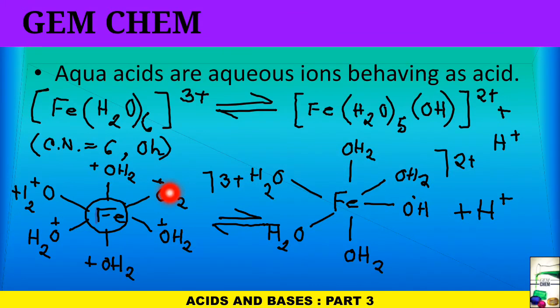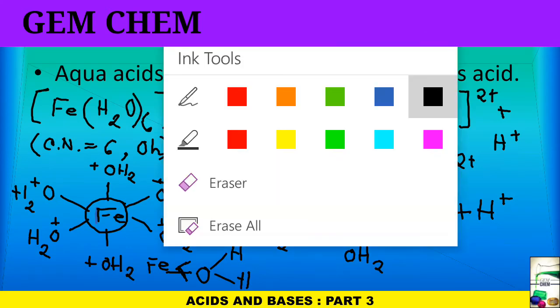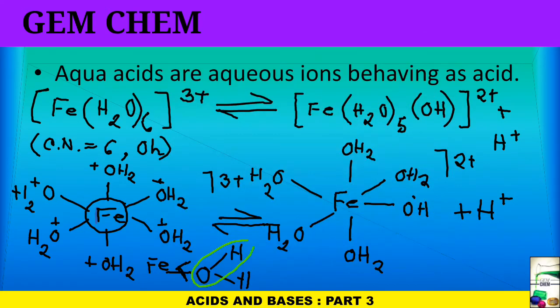So this accounts for the more facile removal of H+ and hence greater aqua acidity. Here we have a water ligand attached to hydrogen, and since there is more positive density, the iron will pull electrons towards it. So this bond becomes weak, and this H+ can easily be removed. So this is more acidic than this one.